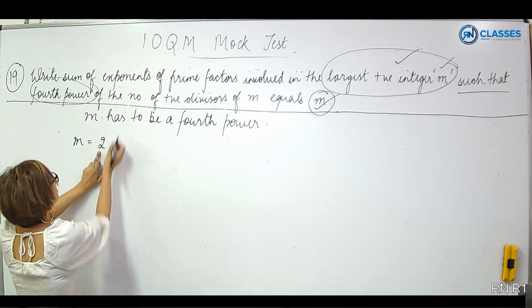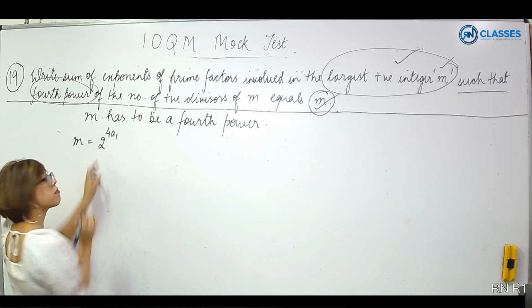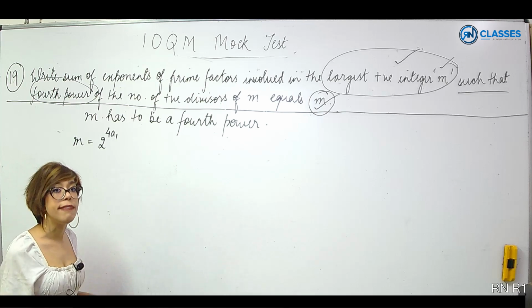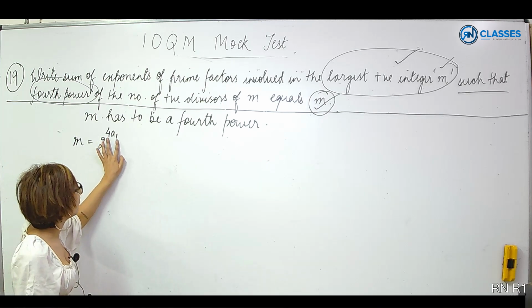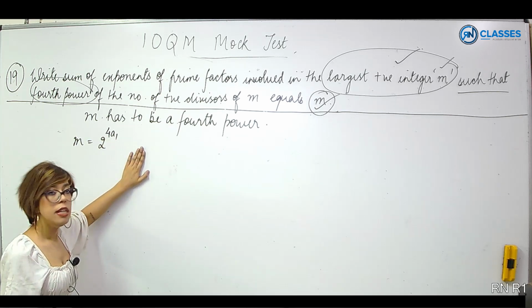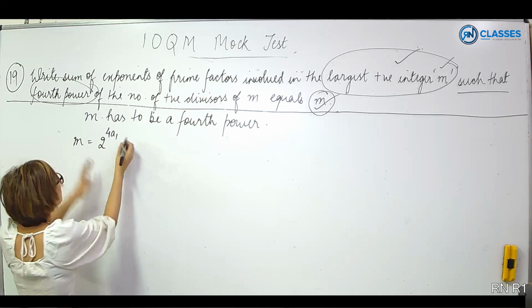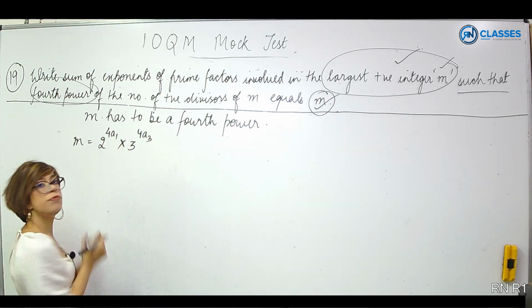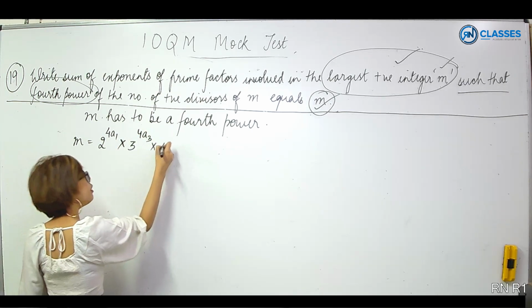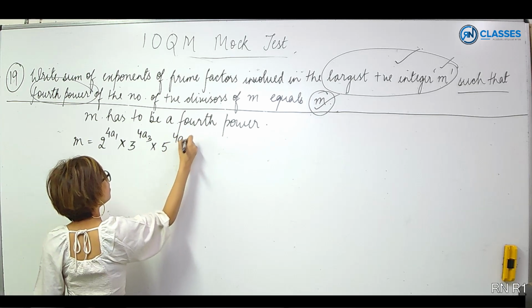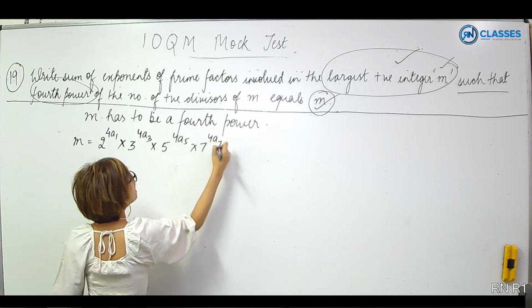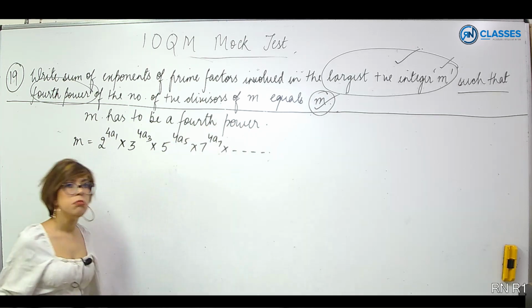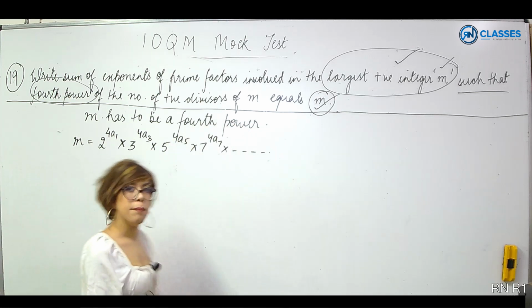So it looks like 2 raised to 4a1. a1 can be 0, it's absolutely fine. a1 can be 1, so my power will be 4, then 8, then 12, and so on. This is the first prime factor. The second prime factor can be 3, so I will write 3 raised to 4a3. Right? Into 5 raised to 4a5. Into 7 raised to 4a7. Into so on. Right? Clearly you need to find the value of m.